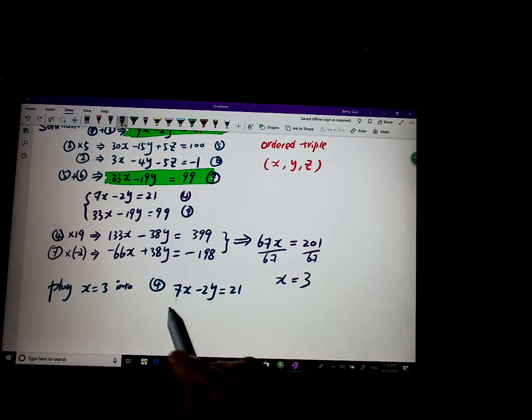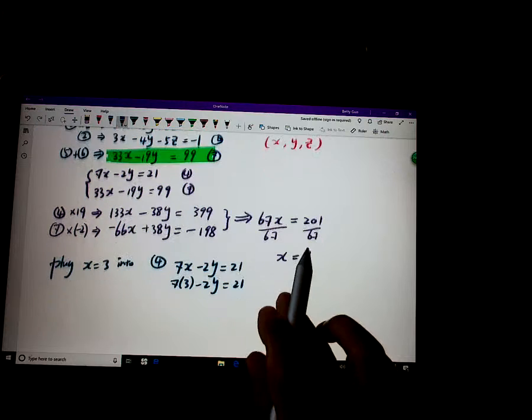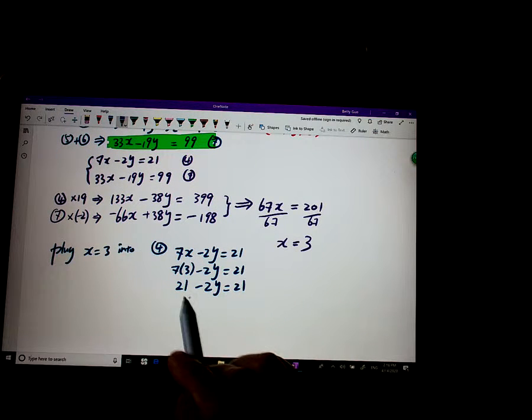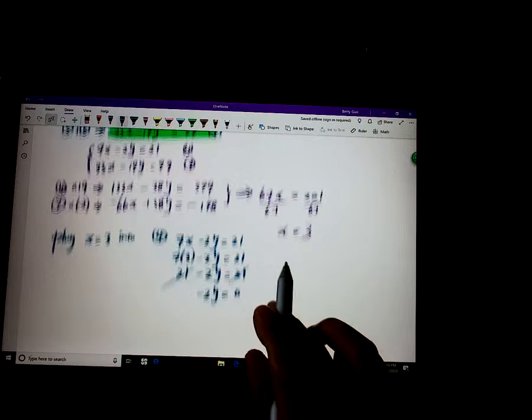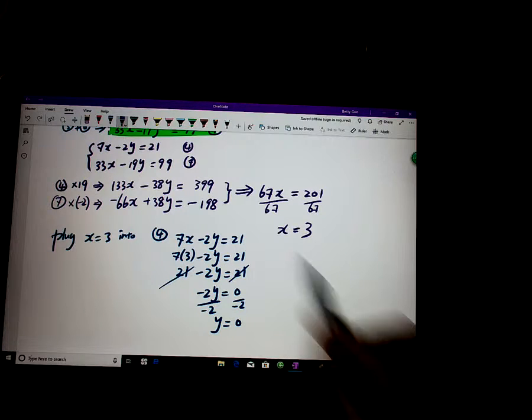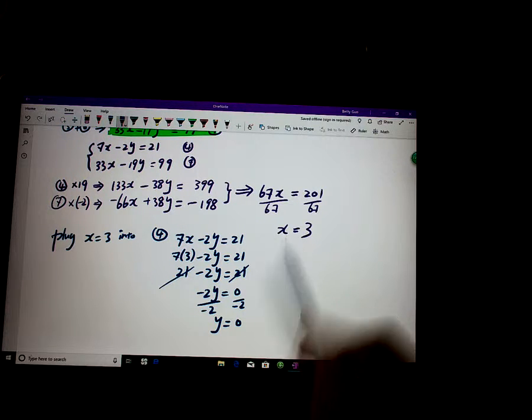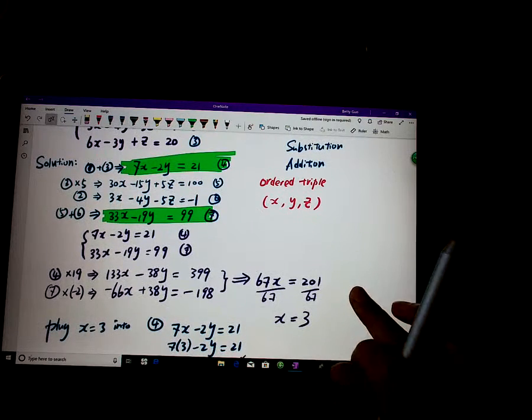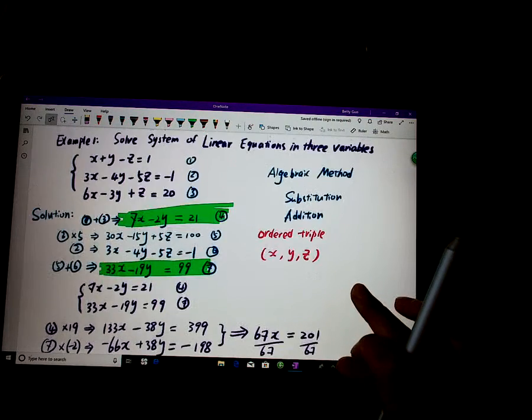Let's plug in x equals 3. 7 times 3, 21. Subtract 21 from both sides. It cancels out. We have negative 2y equals 0. Divide both sides by negative 2. We have y equals 0. So far we have the values for x, which is 3, for y, which is 0. And one more step. We need to find the value for z.